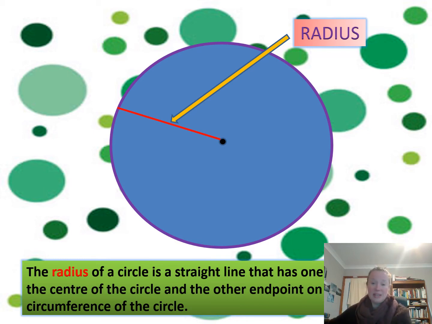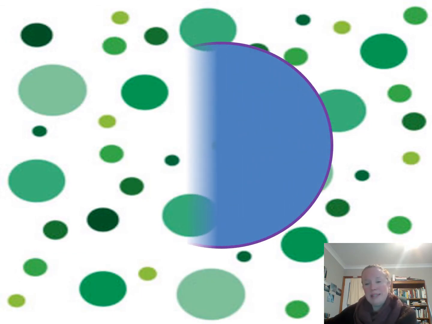So on this example, it's labeled with red, but it could also be, imagining that that's a straight line, that blue line straight from the center of our circle to the circumference, which is purple, or it could be this turquoise line from the center of our circle out to the circumference. Okay, so that was the radius.